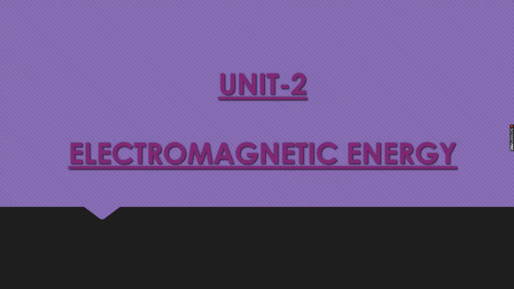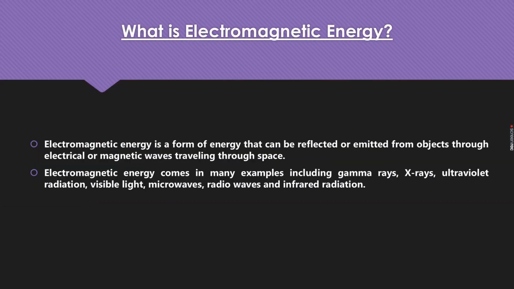So, first of all, it is very important to understand what electromagnetic energy or electromagnetic radiation is. Basically, electromagnetic energy is a form of energy which is emitted or reflected from the objects found on the Earth's surface in electrical manner or in magnetic wave form.